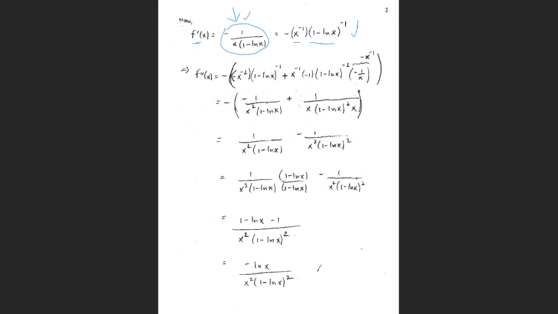Now this negative in front, I just kept it in front. Okay, and then I use the product rule where my two functions are as shown here.